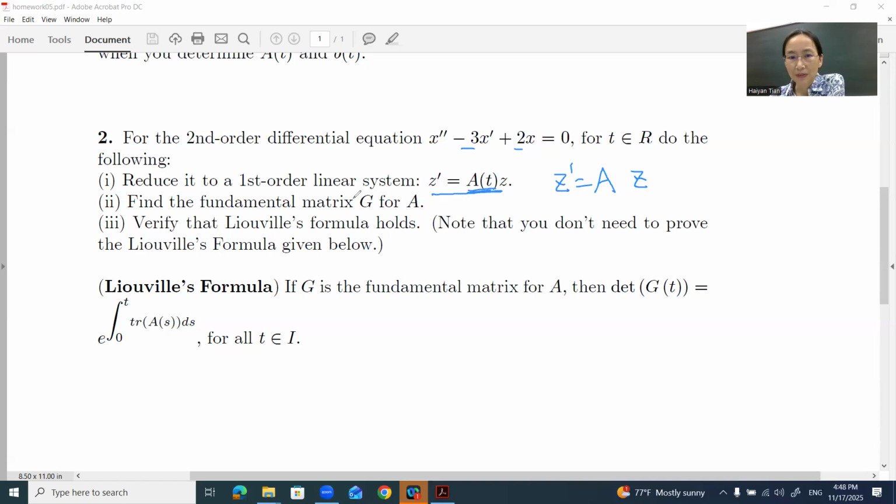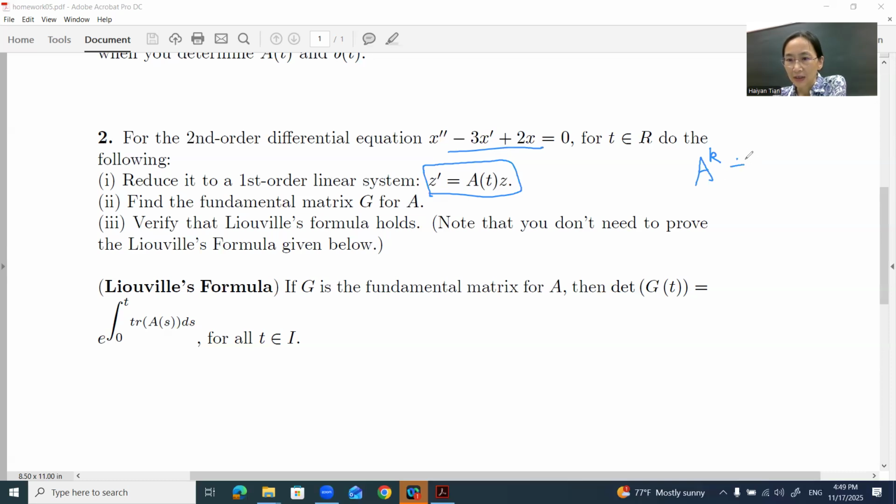That means when you find the fundamental matrix, you can, for example, try to use A to a certain power, if you can discover a pattern for this A to the certain power. If you know A, once you rewrite this problem into this form, you know A. So you can possibly find a pattern for this power of A.